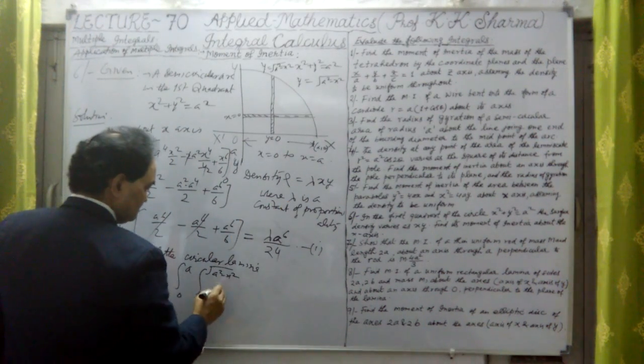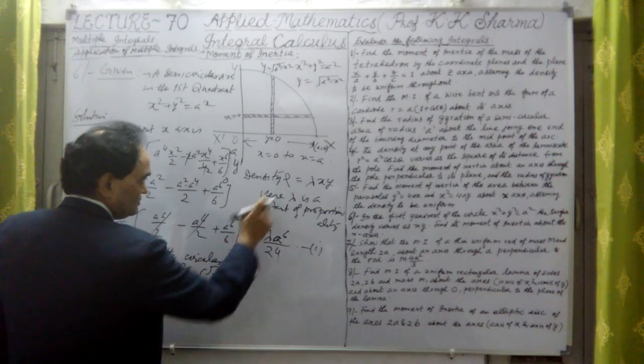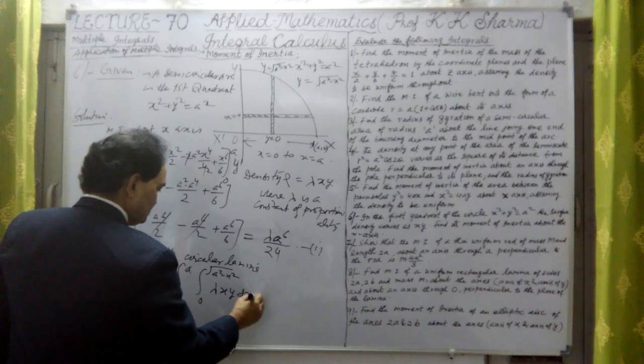This is the density here. Lambda xy is the elementary density, I mean, the mass of the element, lambda into xy, the density which varies like this, into dx.